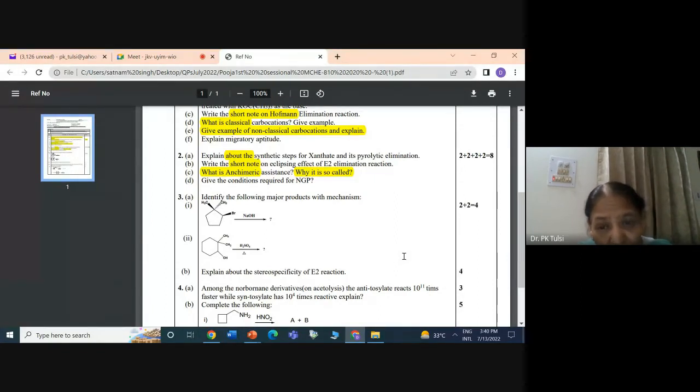Why it is so called will also combine into that. Give the conditions required for NGP.